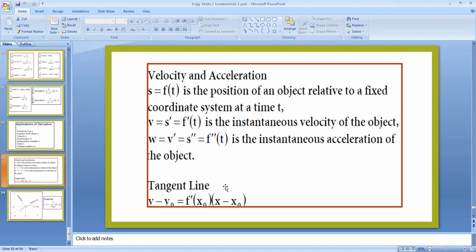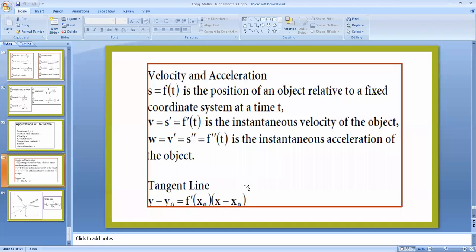And you know what is the equation of a line with a point and slope. If you know the point and slope of a line, how to get the equation of the line? Suppose there is a line which passes through the point x1, y1 having the slope m. Can anyone tell me the equation of the line?